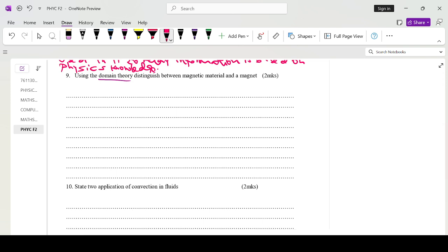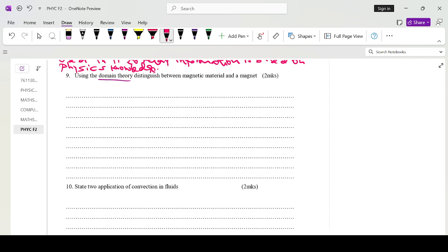Now, what you will learn is that for a magnet, the dipoles in all domains align towards a common direction after it has been magnetized, right? While in a magnetic material, the dipoles in different domains are aligned in different directions. That is the main difference in terms of domain theory.